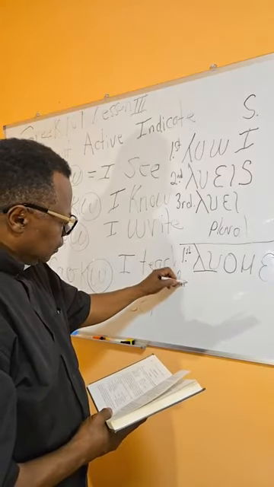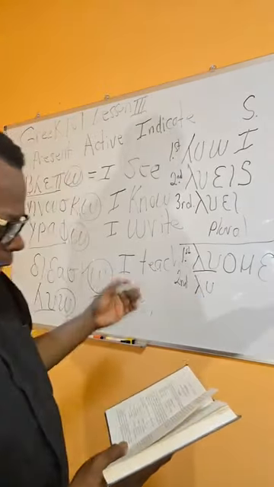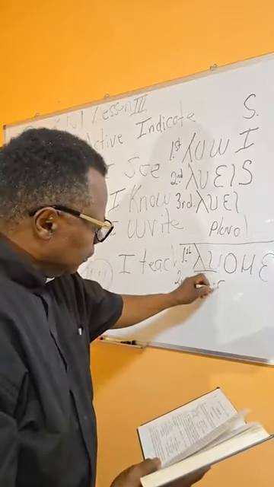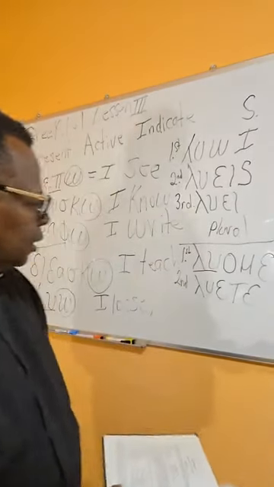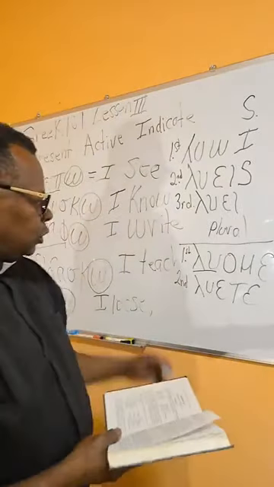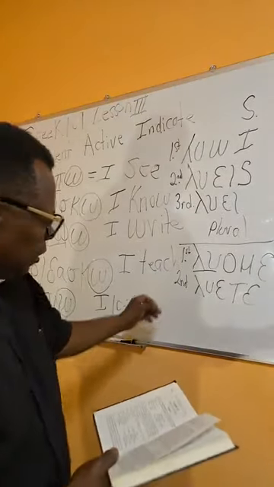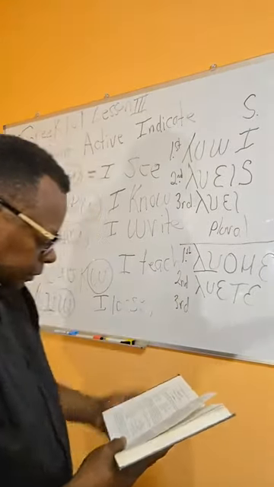Second person, luete. I know it, but I'm going to go straight to the book, so you can see I'm coming from the manual. I already know these by heart. Luete means you loose, plural. Third person, plural, present active indicative.